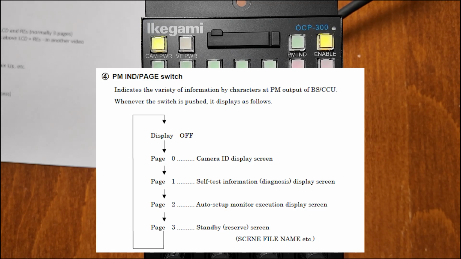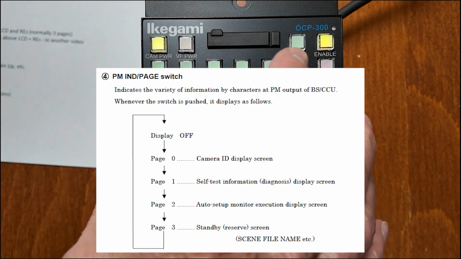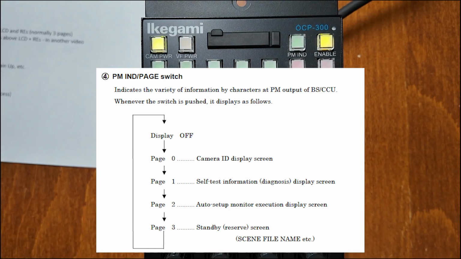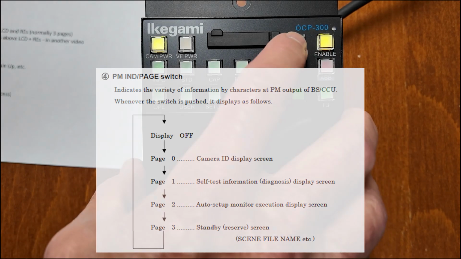There are 4 pages of character right now available on the picture monitor output. This is obviously not an airable signal. This is strictly for local monitoring by the engineers and operators. So with it extinguished, it's actually a clean screen. There is no character display on the picture monitor output.